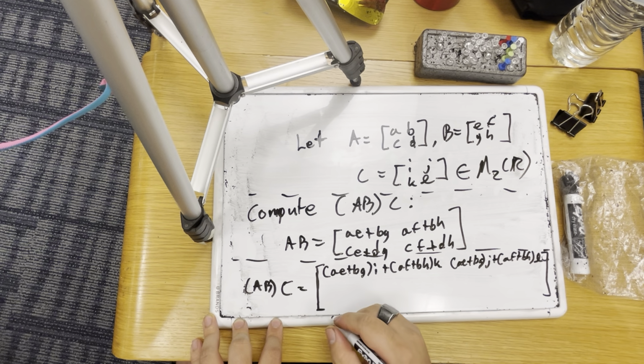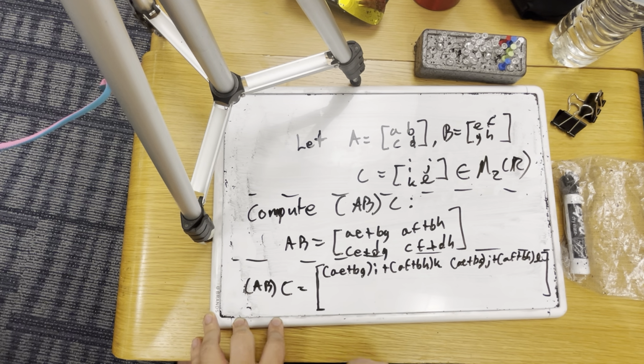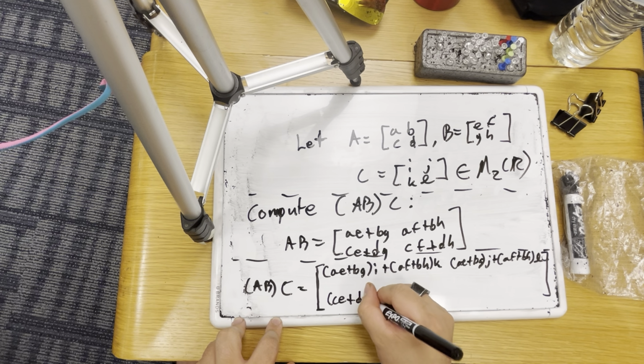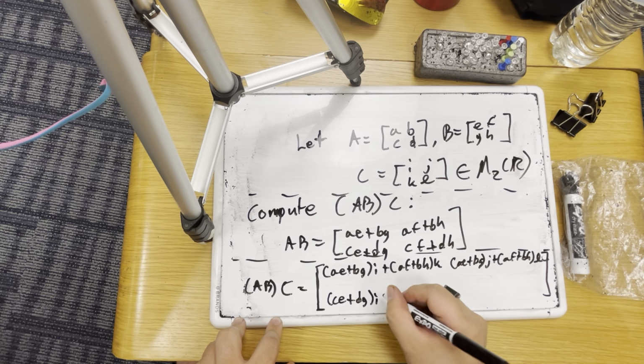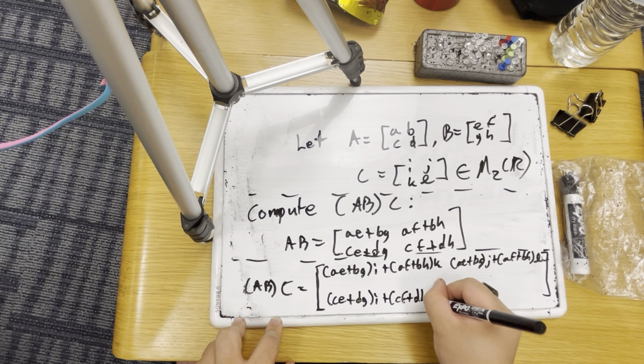All right. And then we go, whoopsies, just realized something. No, wait. (ce plus dg) times i, plus (cf plus dh) times k.